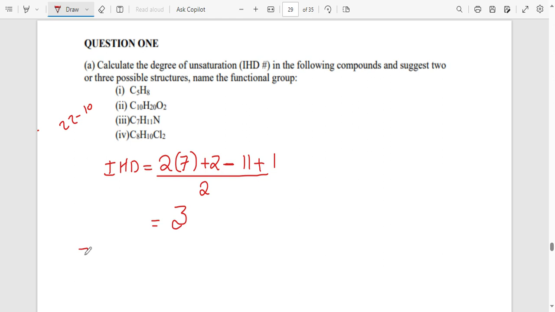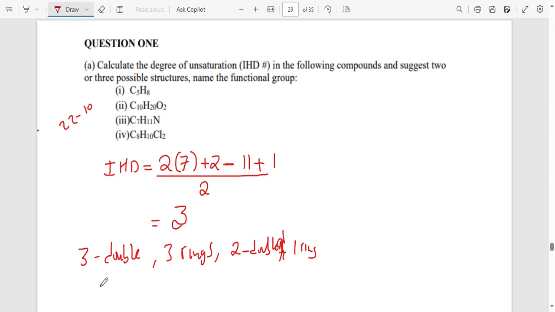It means that we have 3 double bonds, or we have got 3 rings, or we have got 2 double bonds and 1 ring.